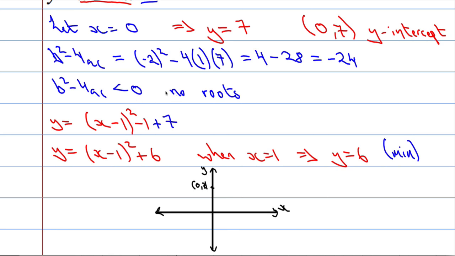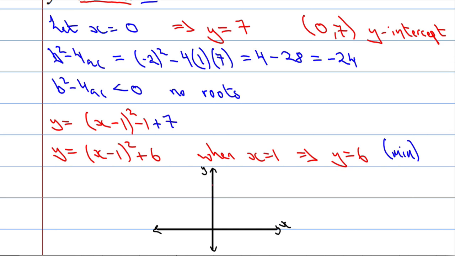I know that there's no roots, so it's not going to cross this axis here. In fact, let's move this guy down just so we have a bit more space. Okay, it's not going to cross the x-axis at any point. And I also know that the minimum point is when x is 1 and y is 6, so say somewhere around here. I'm not liking all this black colour.